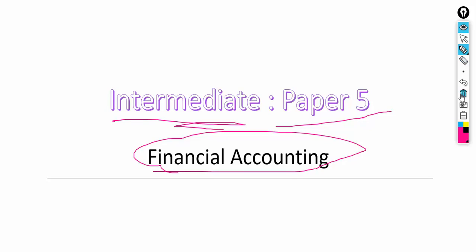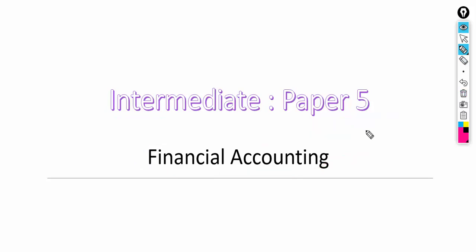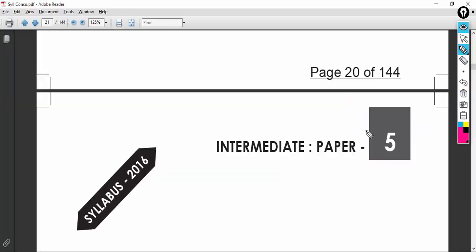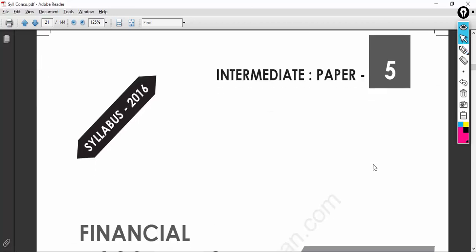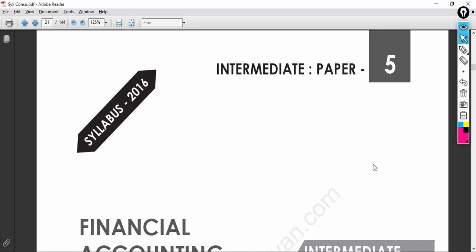So you are on the safer side. You are going to get additional marks in case you have studied some of the basic concepts or important concepts in the foundation level, which will be similar in the intermediate also.